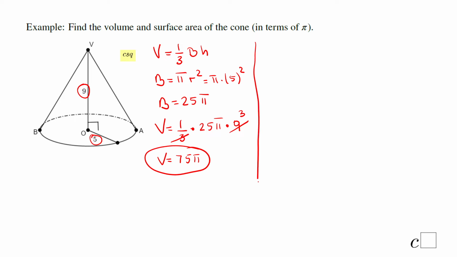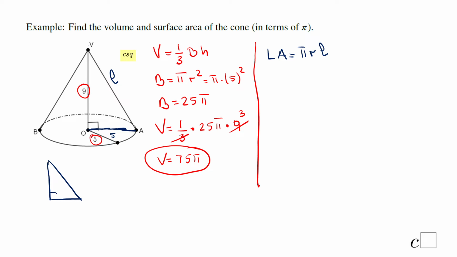Now let's move to the surface area, and the first thing I'm going to do is the lateral area. If you remember, the lateral area is pi r L, a formula that I think is very useful to remember. r is the radius and L is the slant height, this segment VA. But I think it's better to see this one, because now you can see this right triangle, and this is 9, this is 5, right? And I think we had the same triangle in the first example.